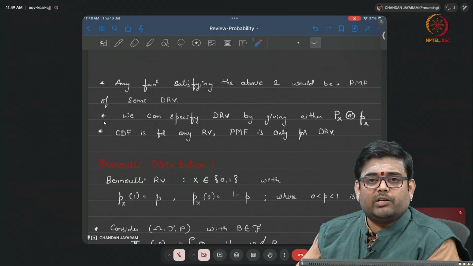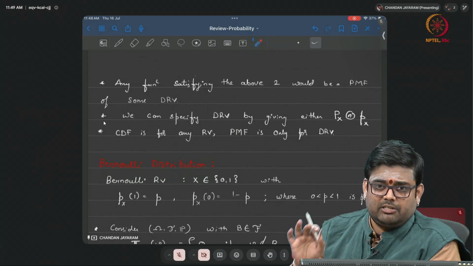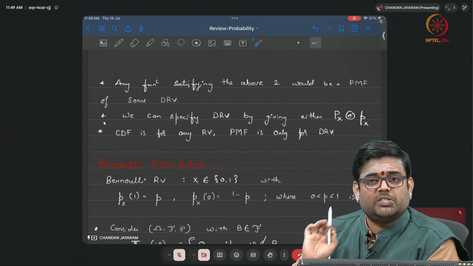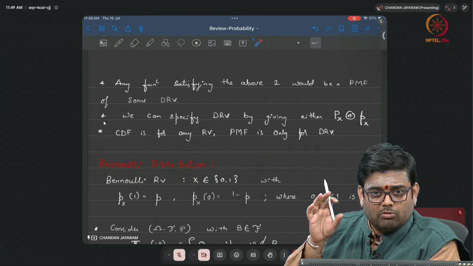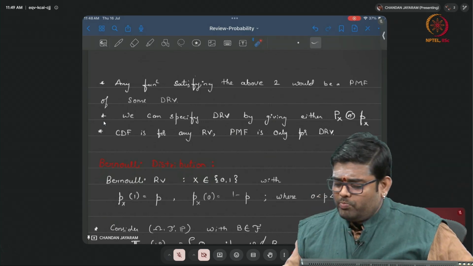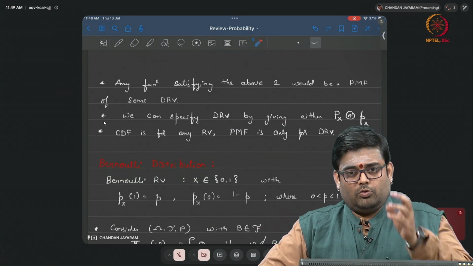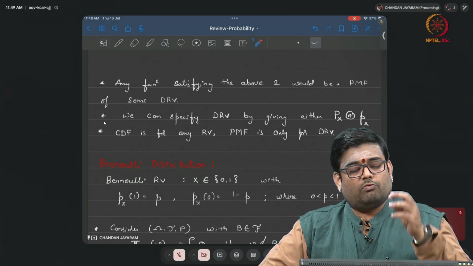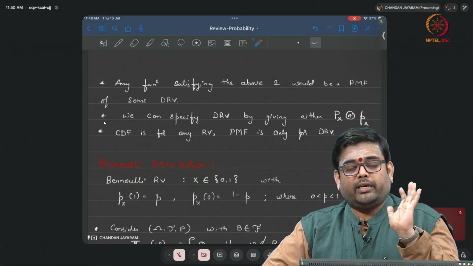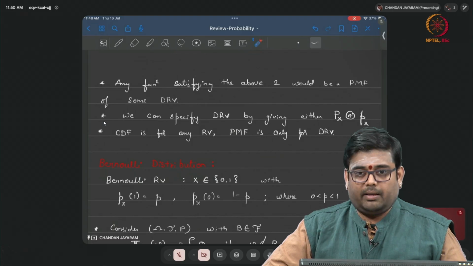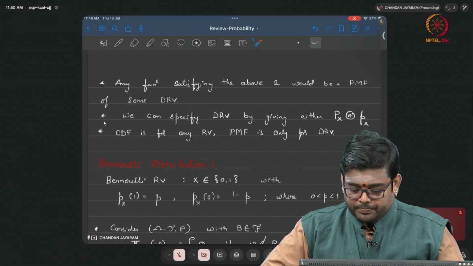Any discrete random variable can be completely specified either by giving its CDF or by giving its PMF. What do we mean by understanding a random variable? We want to understand what elements it takes and what is the probability of each of those elements occurring, in the discrete case.